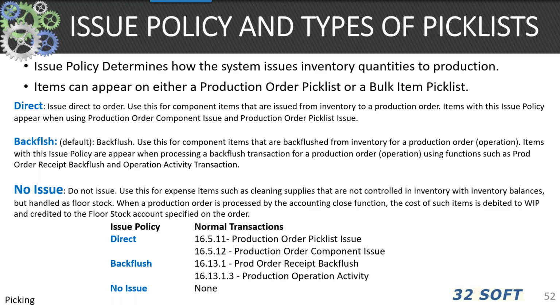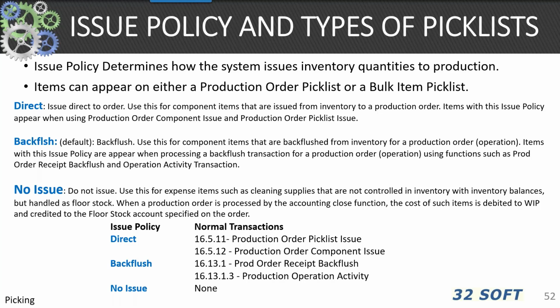You can backflush, which allows you to use the 16.3.1 receipt backflush or the 16.13.13 operation activity transaction, or you can have a direct issue. This usually uses the 16.5.12 or 16.5.11 work order pick issue.